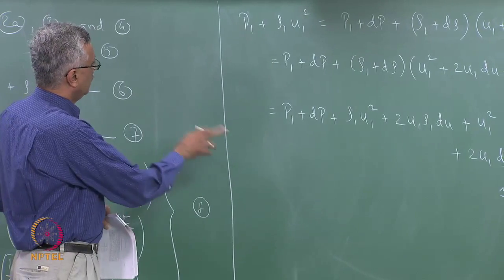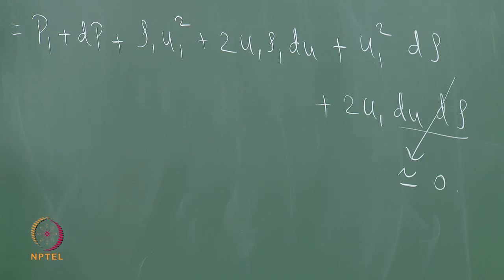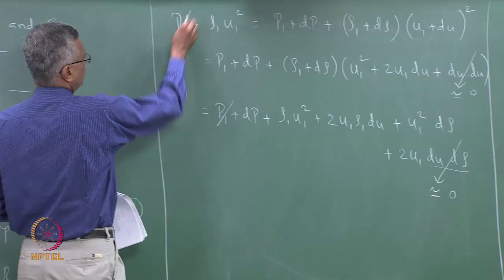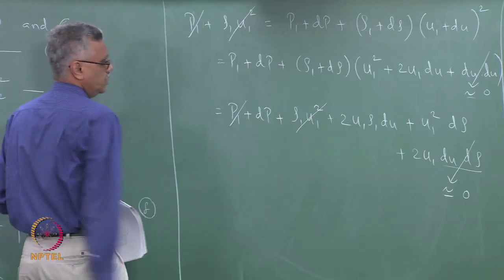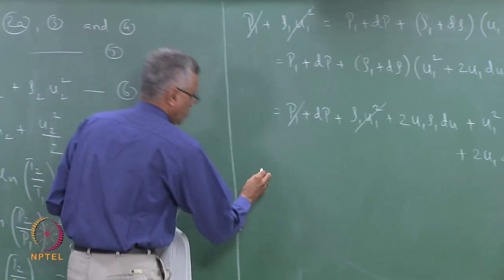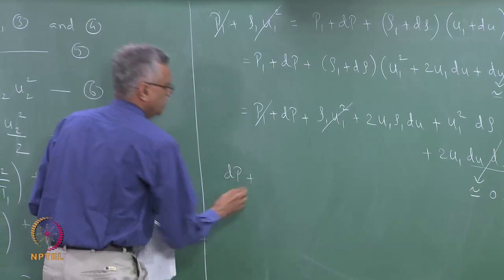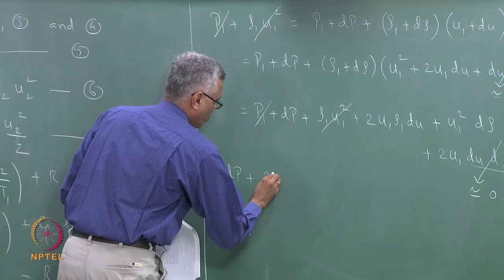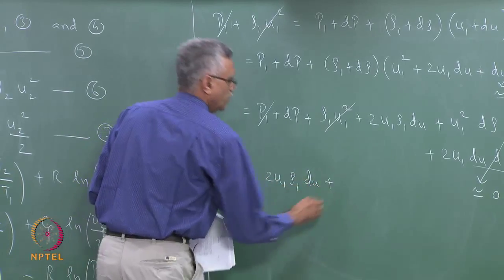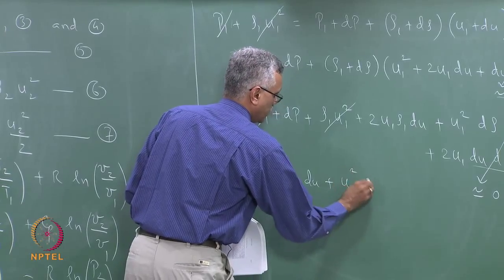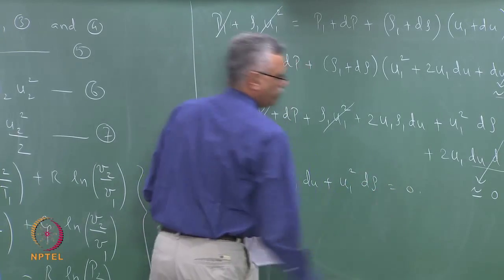Now I can look at the left hand side and the right hand side of this equation, and I see that the P1 term cancels out and the rho 1 U1 square term also cancels out. So I end up with the equation which reads like this: dP plus 2 U1 rho 1 times du plus U1 square times d rho equal to 0.